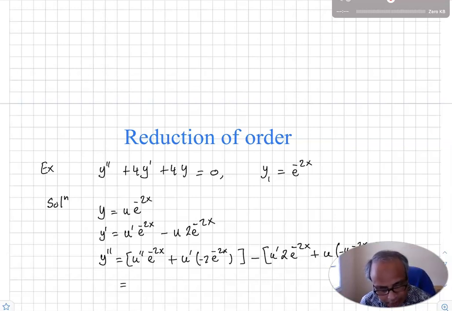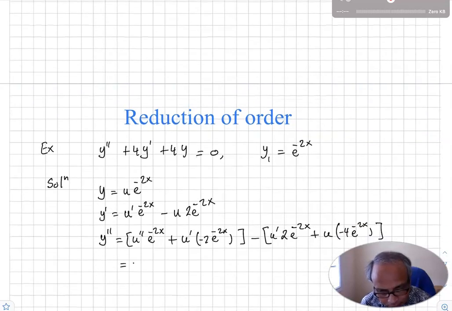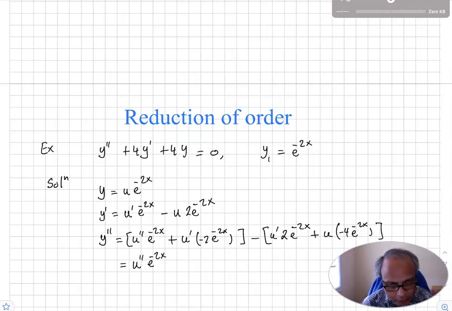If you wish, you can simplify this. So you have two terms for e to the power, two terms for u prime. So minus 2 and minus 2, which is 4 u prime e to the power minus 2x, and then plus 4 e to the power negative 2x, obviously times u.